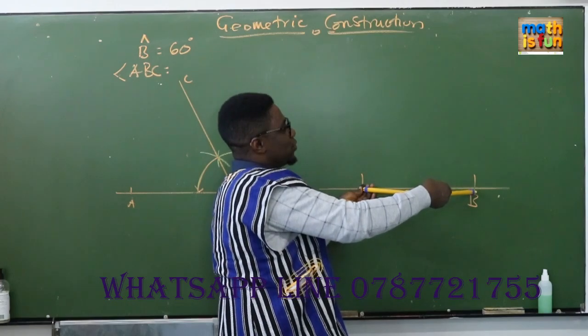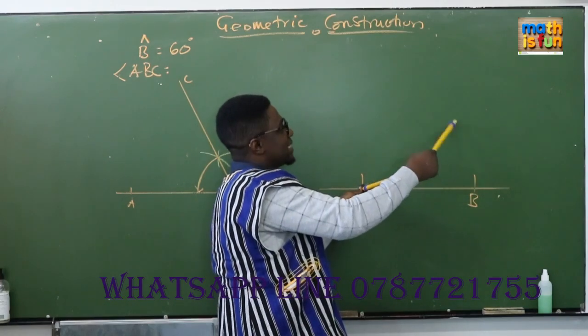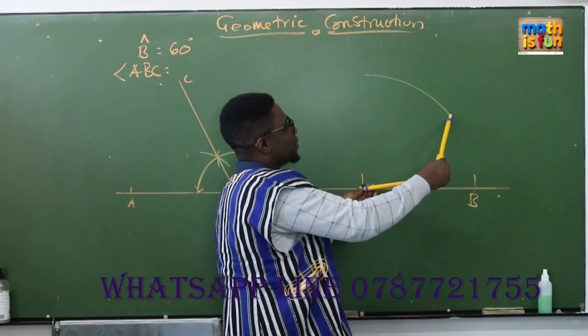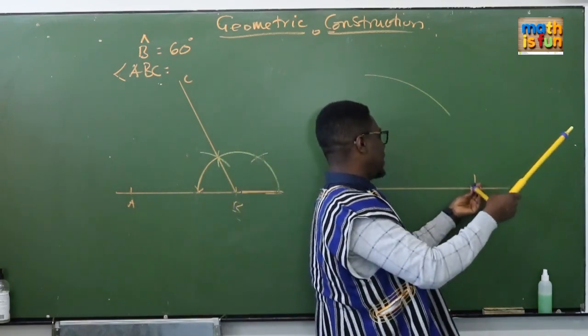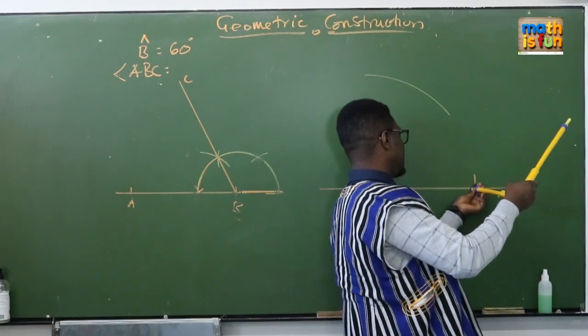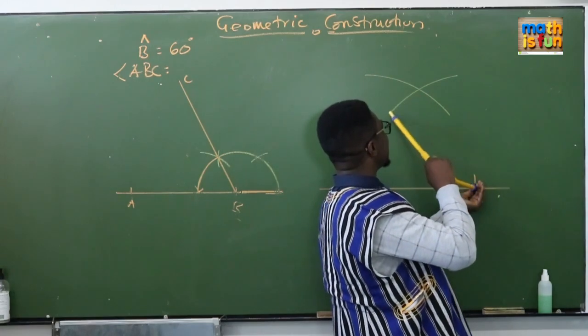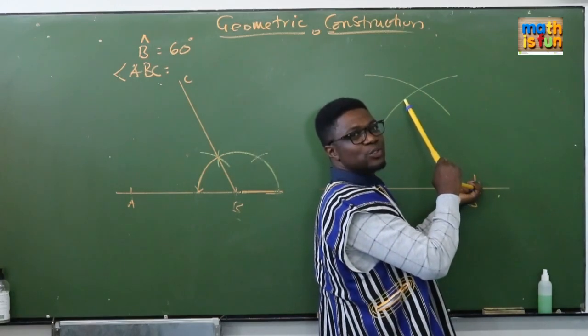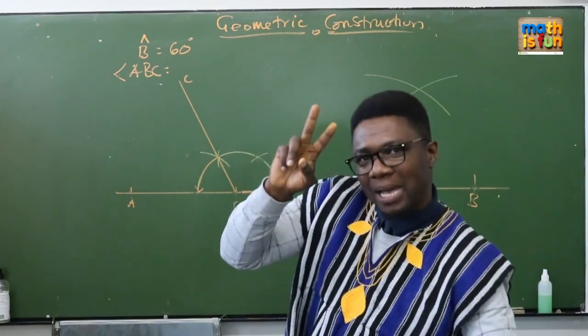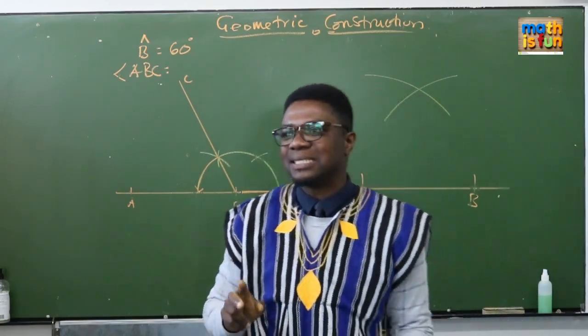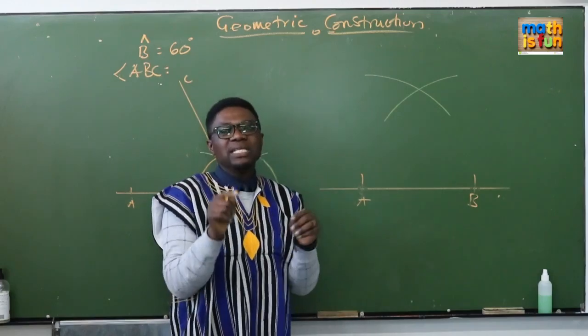Since the measurement is the same, I construct an arc. Okay, so I move it, I come to point B, I construct another arc to intersect the first one. Where the two arcs are intersecting, that is still the point C.